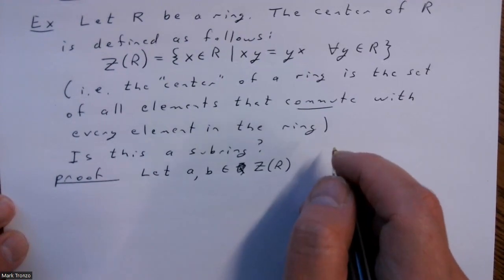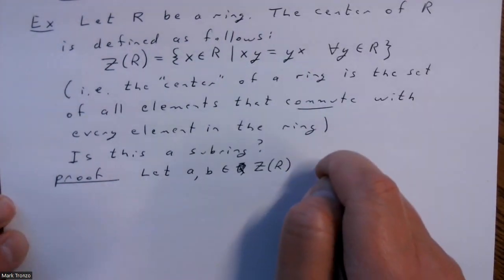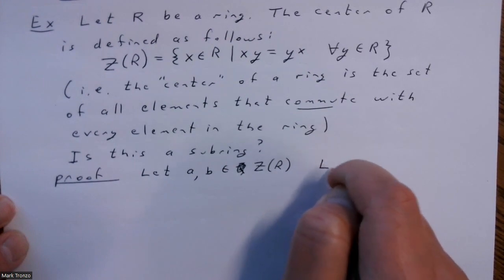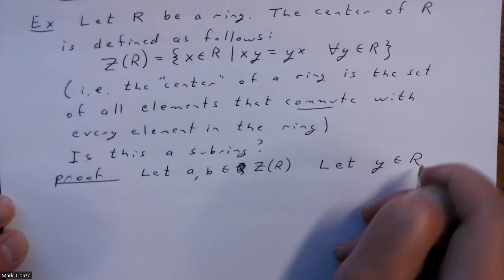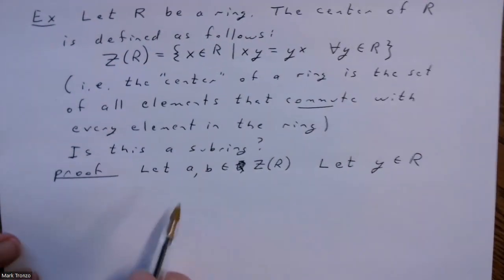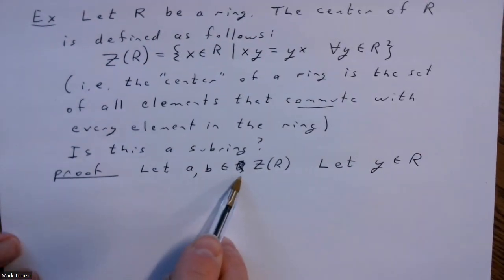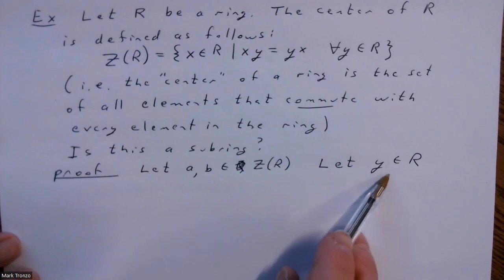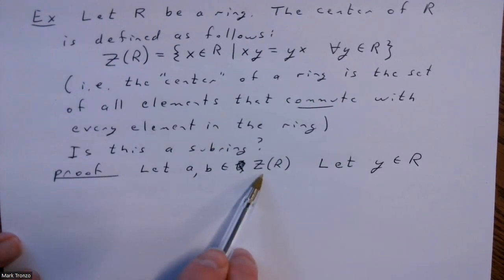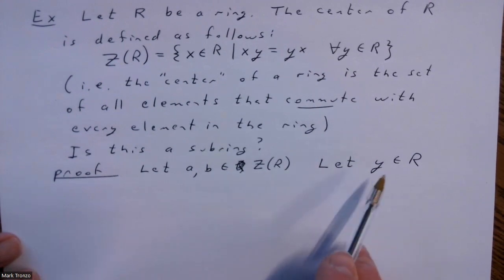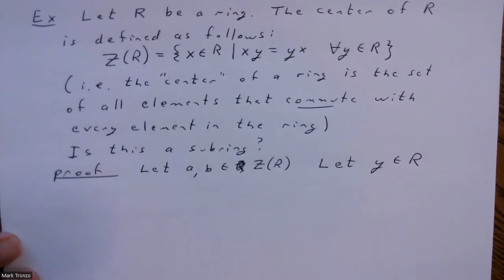And then let Y be any typical element in the ring. So we're taking two elements in this set, but Y is a typical element in R. Since these two are in the center, they're going to commute with every element in R.